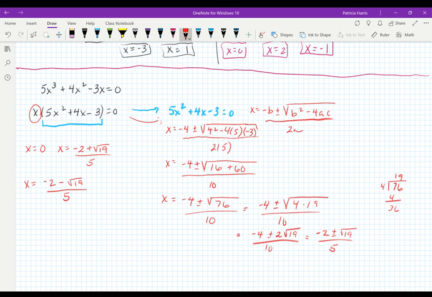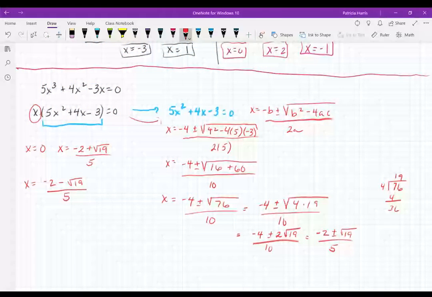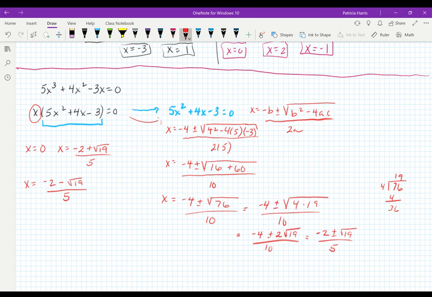So again, we have our 3 answers, 1, 2, 3, and it was a degree 3, so that's what I should expect. Okay, so the next thing we're going to do is we're going to use a graph to help us out. All right, so stay tuned.